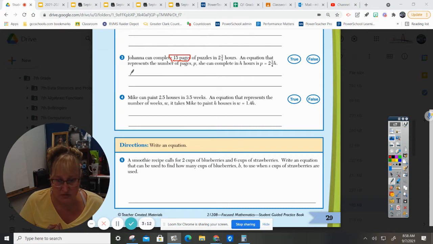So does 15 pages, and that's coming from here, equal 2 3/4 times 2 3/4?